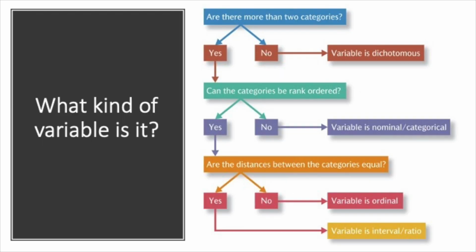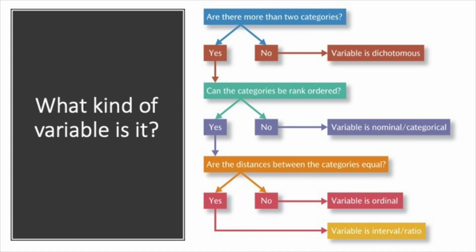Here's a flow chart that I got from the book that you can use in order to identify what kind of variable you have. I'm not going to go into great detail about this. I think this is self-explanatory and you can review it on your own, but you can ask these questions as you look at a variable and make a determination of what kind of variable you have. So for example, the first item here is, are there more than 2 categories?